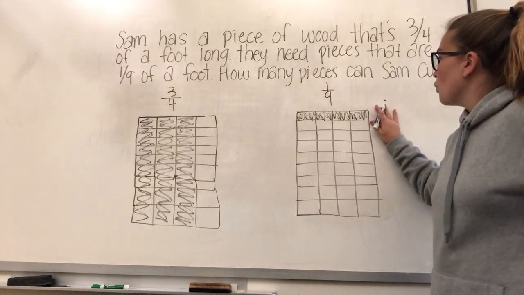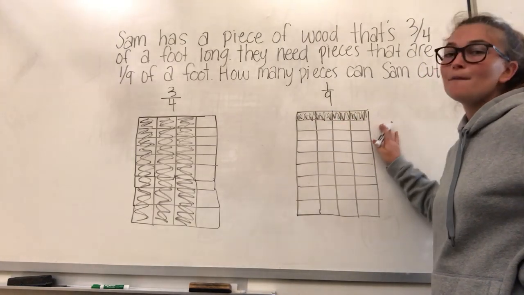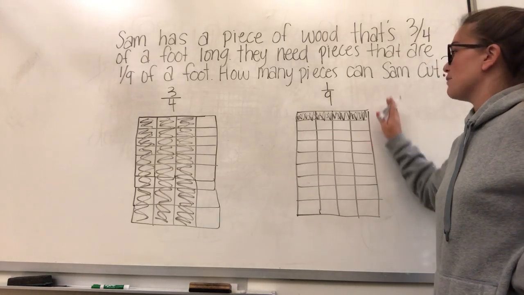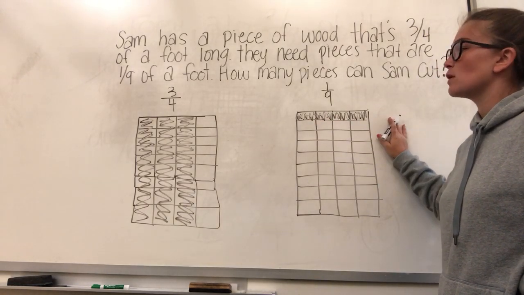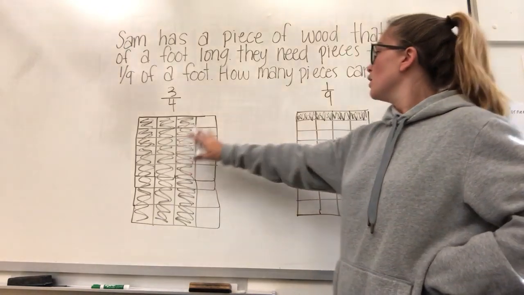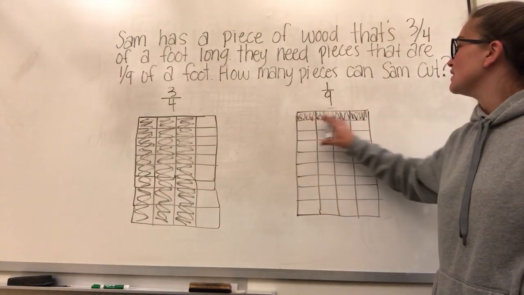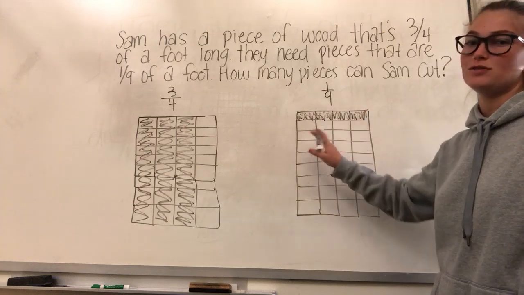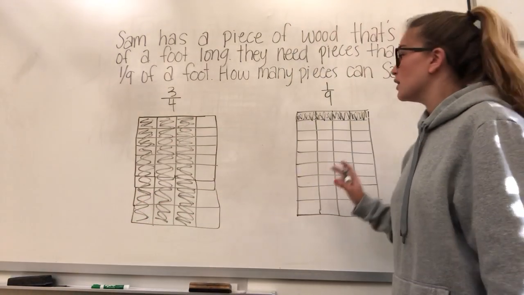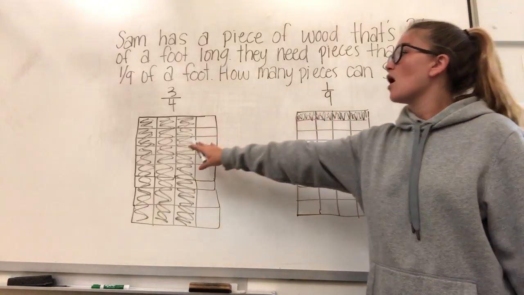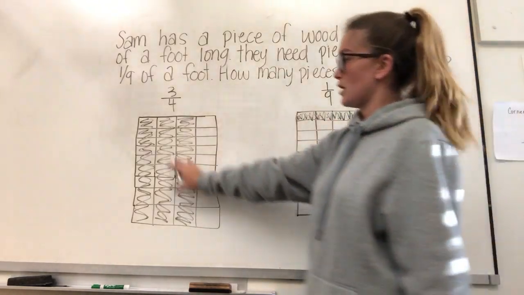And see here, we're going to count how many, this is our next step, how many of these boxes we have filled in, because this is what we're going to use over here. We're going to figure out how many of these boxes that we have shaded will fill into this part that we have shaded.